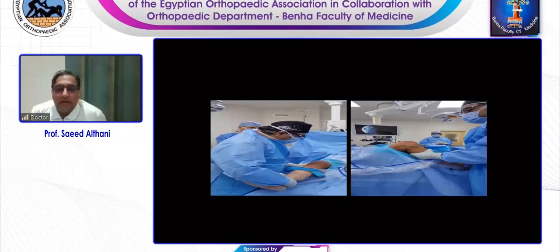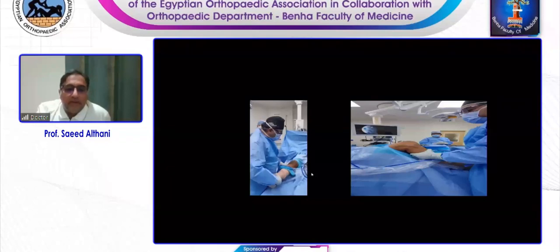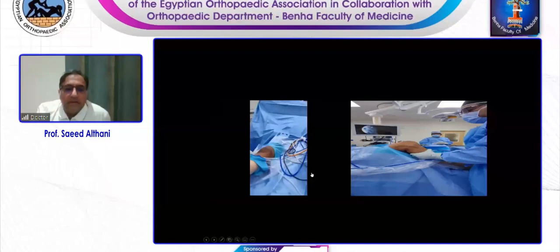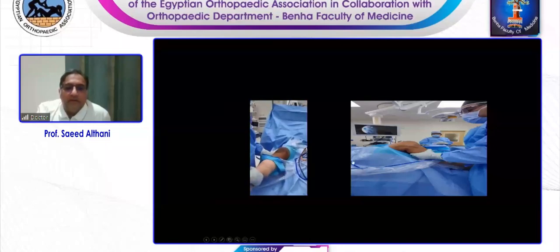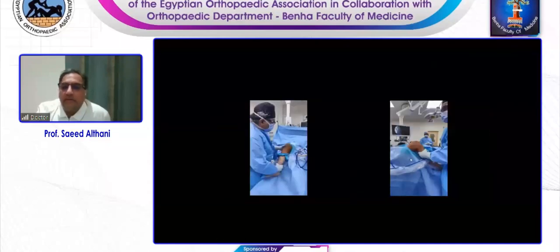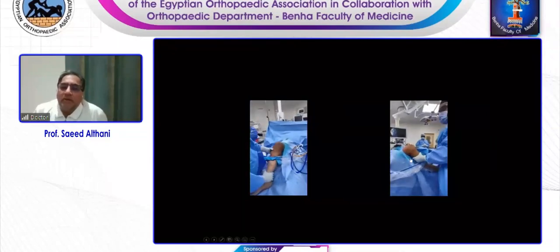The MCL, we did repair it and augment it with internal brace, but with his football injury, that damaged it completely. And you can see here, it opens up laterally. It even gives an impression that the ACL might be loose as well with the anterior drawer.